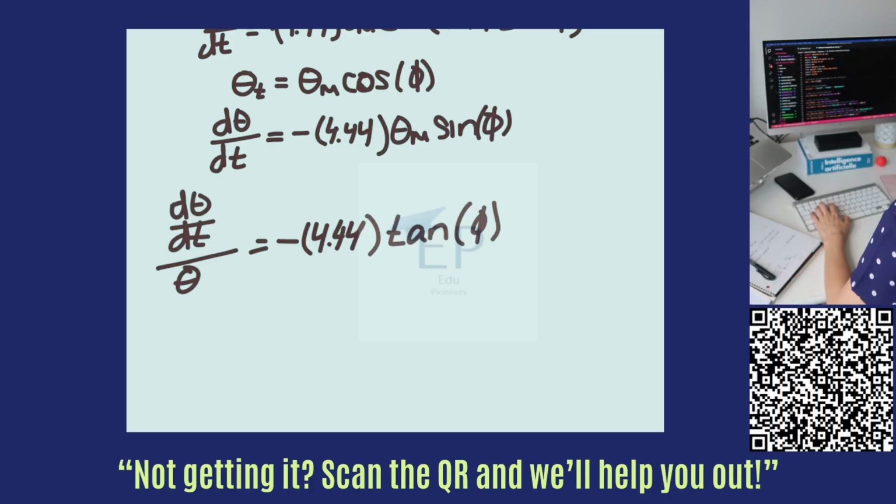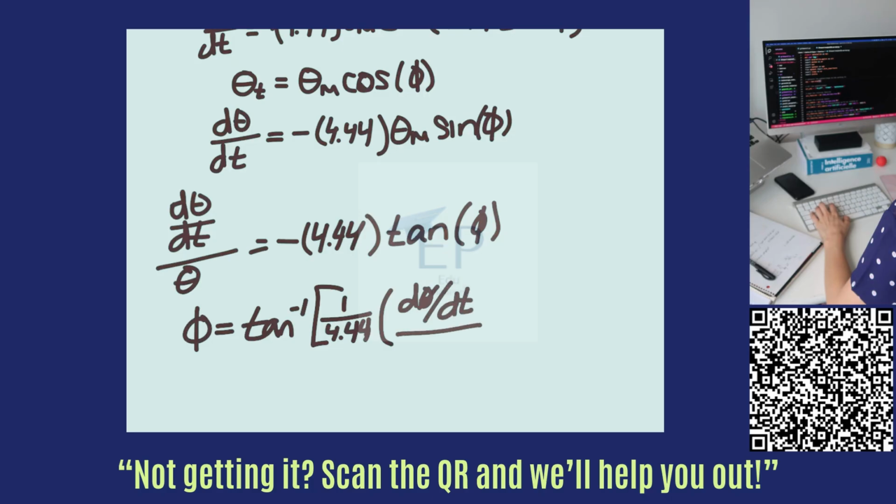And we end up with the equation phi equals the inverse tangent of 1 divided by 4.44 rads per second times our delta theta divided by delta time divided by theta.